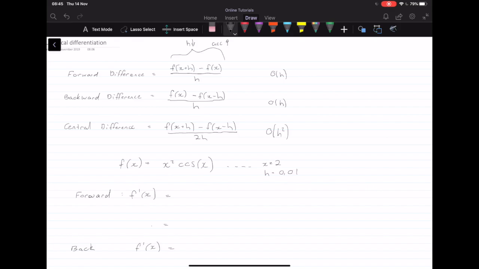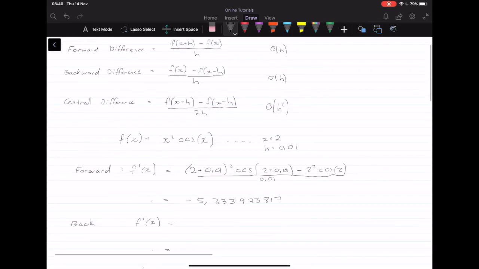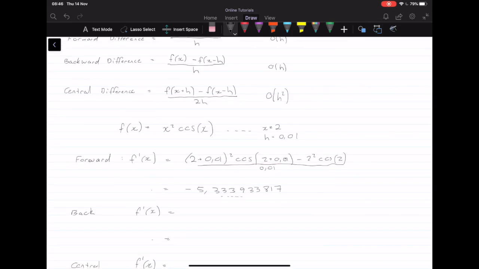So it's going to be 2 plus 0.01 squared cos of 2 plus 0.01, minus f of x, which is 2 squared cos of 2, over h, which is 0.01. The value we get for that is minus 5.333933817. We do have to keep this fairly large number just to see how accurate our answer is.